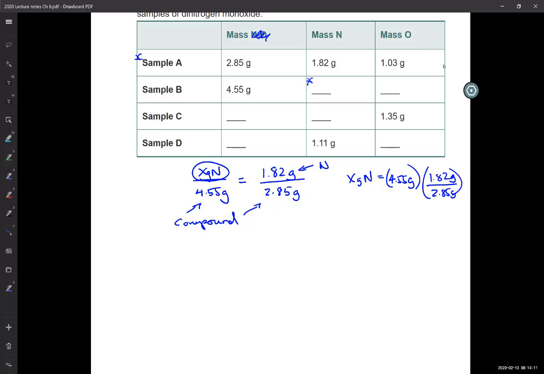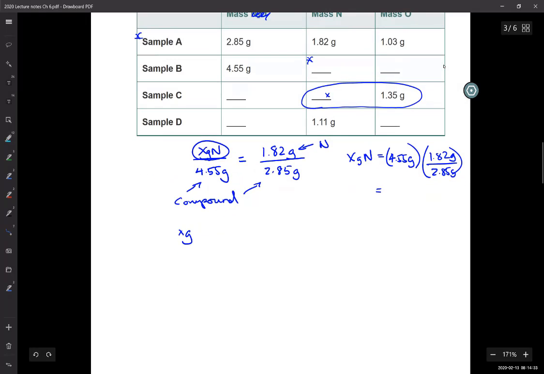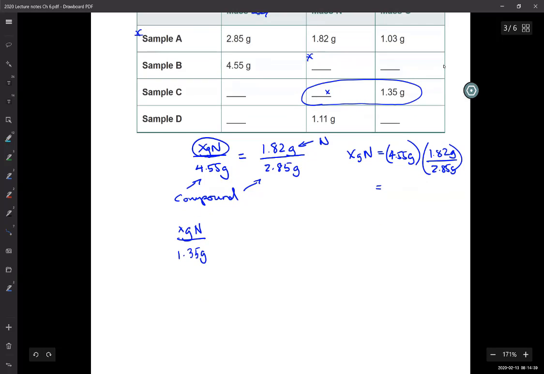Then for these two, if I want to know what this value is, you can do the calculation later, but I'm going to say I want X, this is going to be my X again. X grams of nitrogen for every 1.35 grams of oxygen is equal to, right?